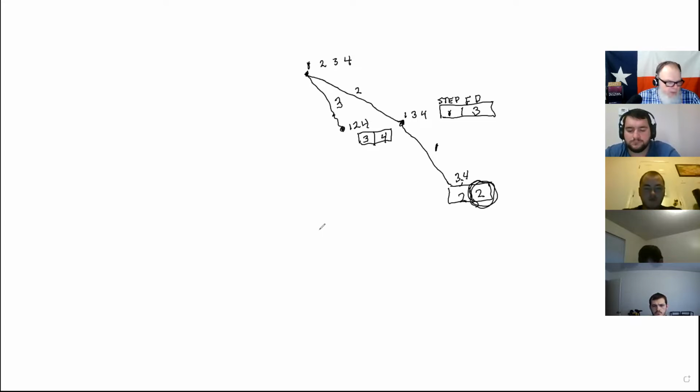Okay, that's well and good. Now we have to take away another one. So let's take away 2, and we just get 1, 4 here. And suppose with this in step number 4, we get a Fisher distance of 2.